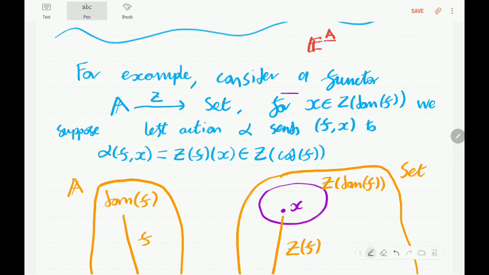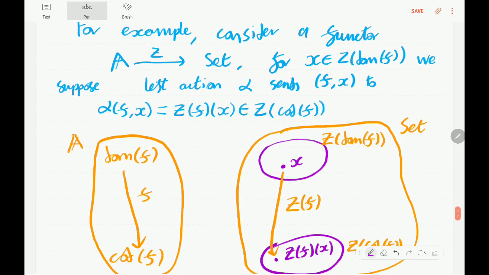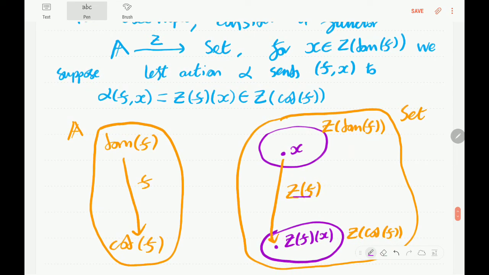Okay, so for an element of Z of the domain of F, so the domain of F is just an object of A, doing Z on it gives this set, and then for an element X in this, well, we can do Z of F on that.